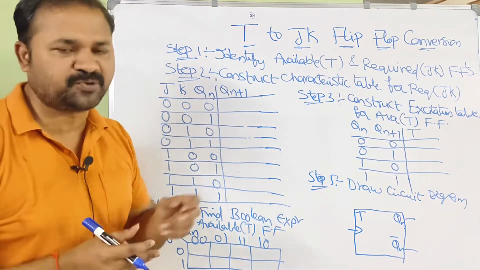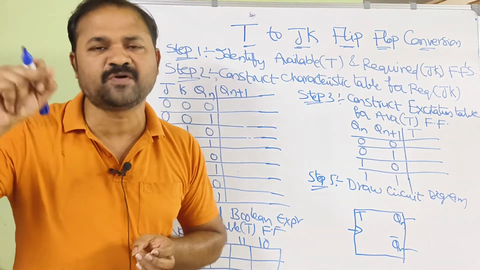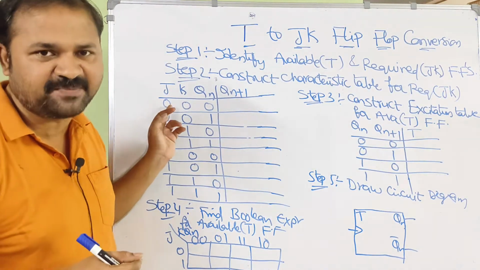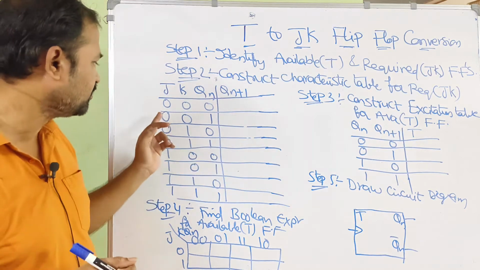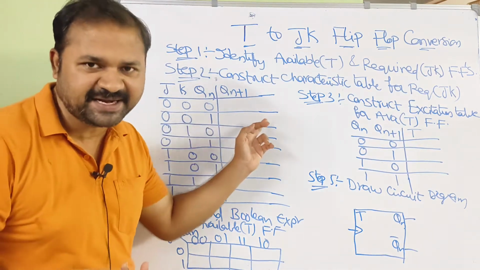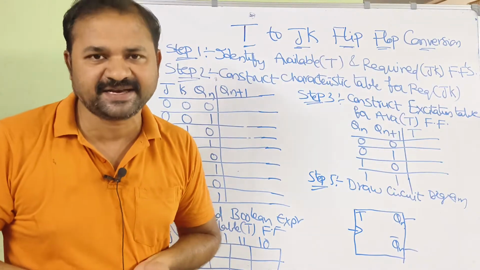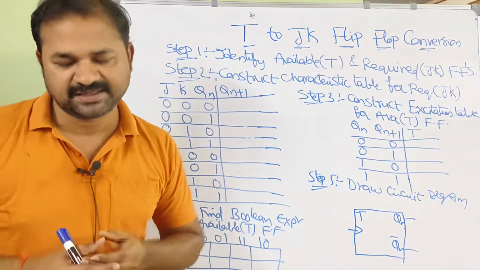Here we have 3 inputs, so in total we will have 2 power 3, that is 8 combinations. First one decimal number 0, binary number 000. Next decimal number 1, binary number 001. Likewise, the last one decimal number 7, binary number 111.